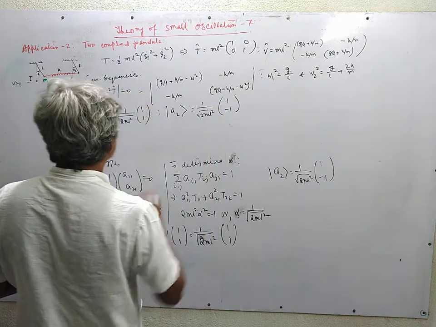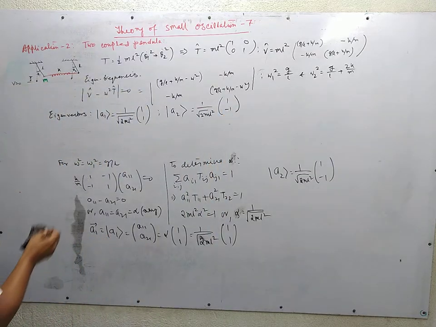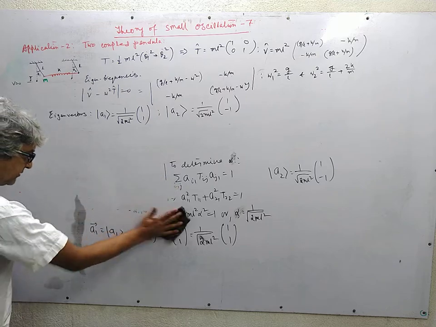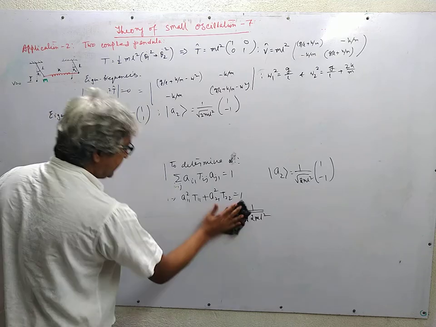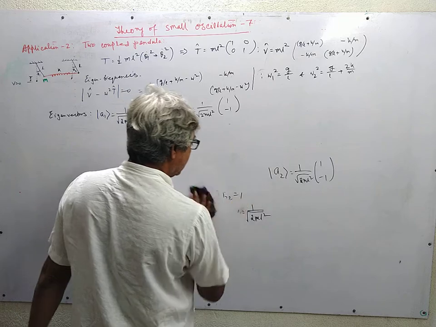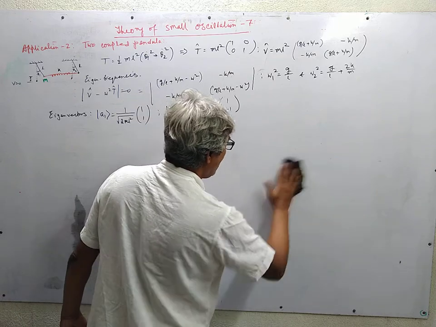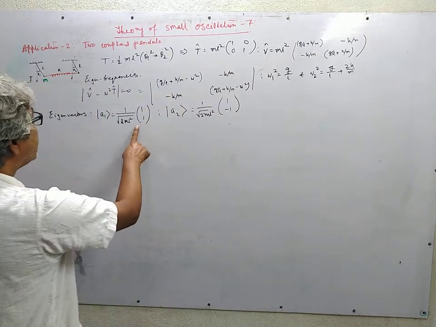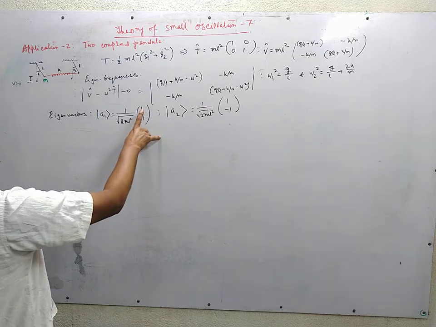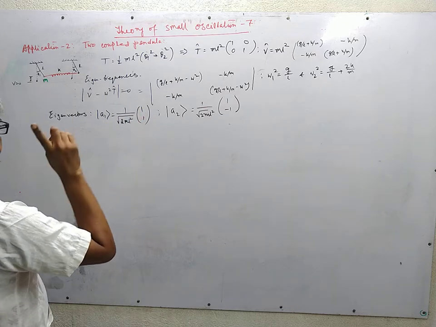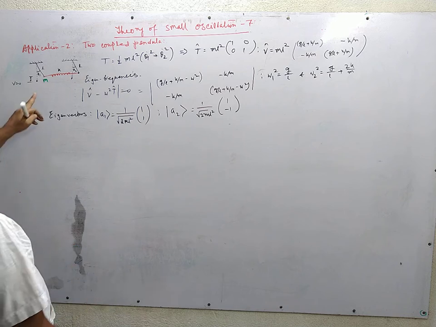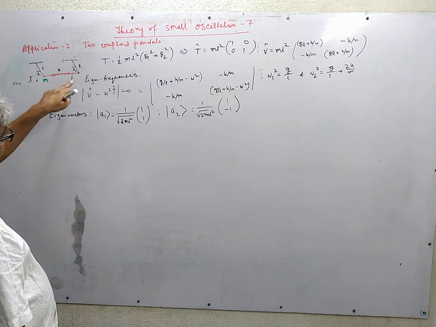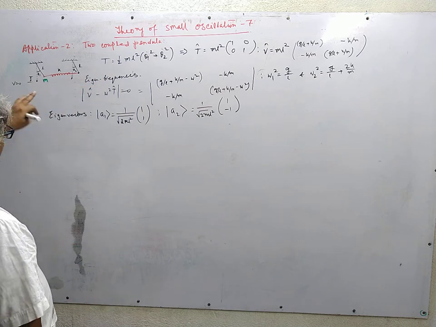1, -1. What does it mean? What is the physical meaning of this? Let me first explain this one, and then I will go for the other things to be determined. First one says that both the oscillators move in the same direction. If oscillator 1 moves towards the right, 2 also moves towards the right.